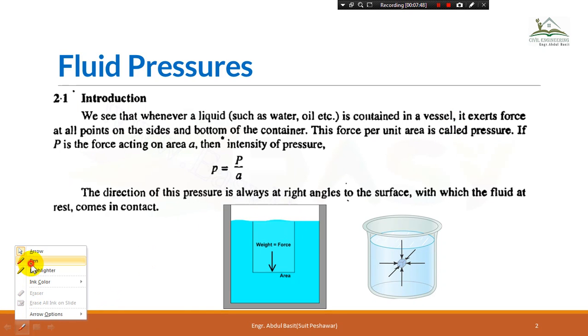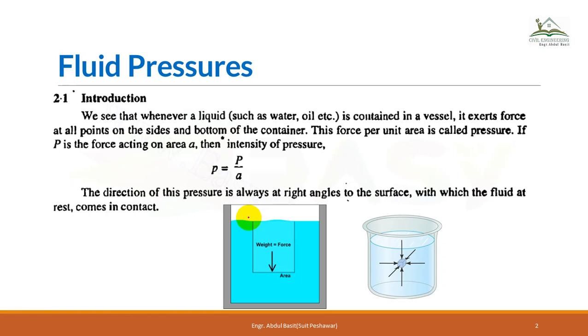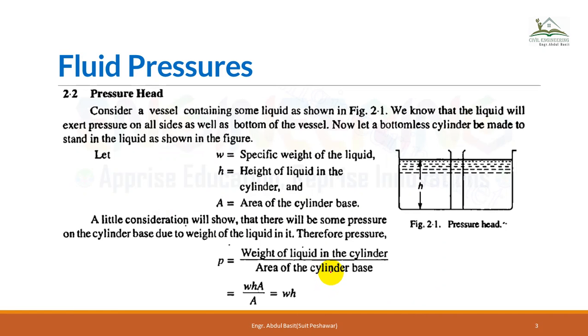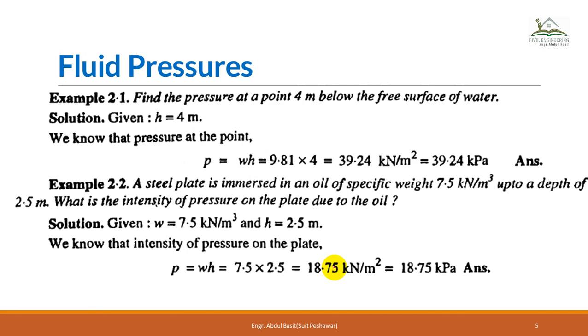Let me draw it with the help of a pen. This is the surface of water. So any head or height till this one is H. Similarly, this is the formula for pressure determination from head.